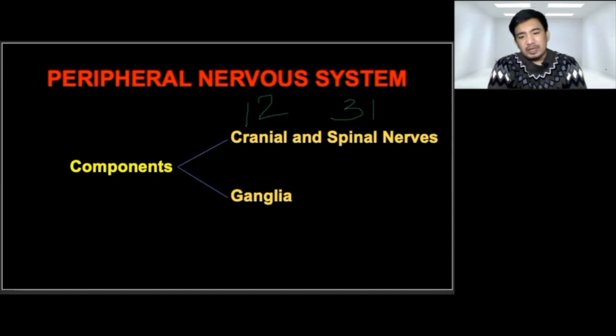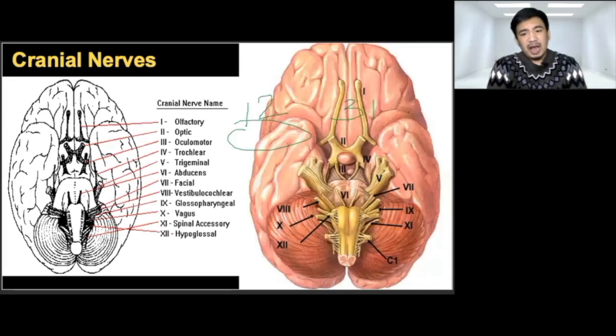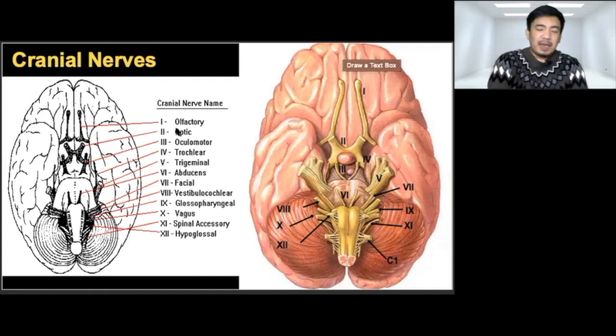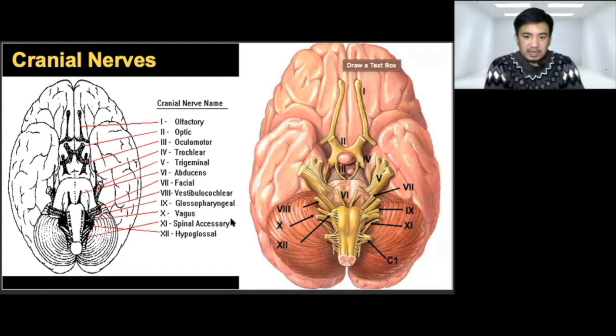So let's go to the 12 cranial nerves. During our previous lectures in other subjects, we have discussed the cranial nerve names, and we memorized them by using a mnemonic. First of all, there is the spinal accessory, or the accessory, and the vestibulocochlear, sometimes also named the acoustic.